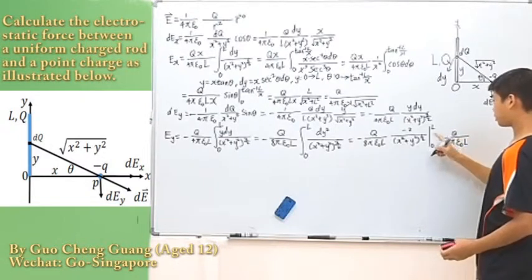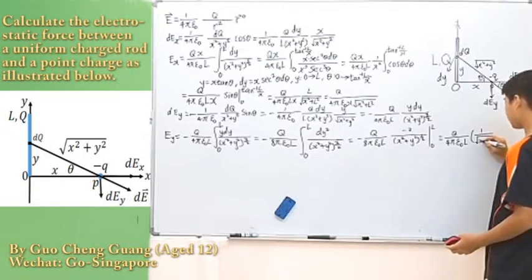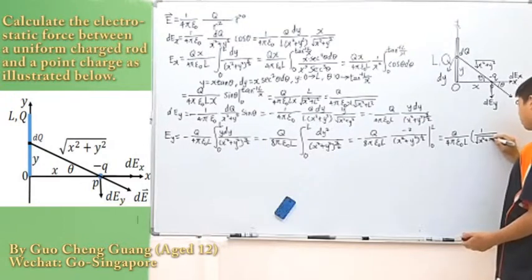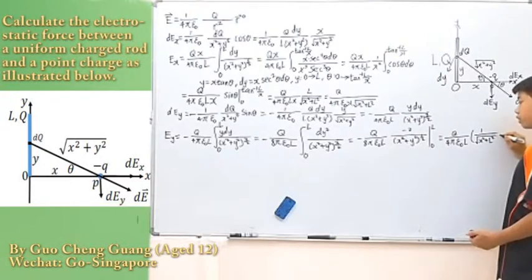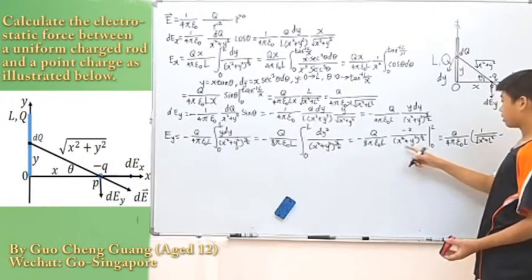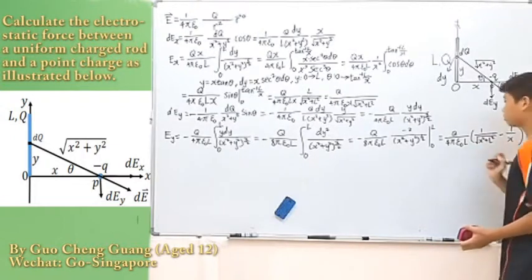So from here, firstly, you sub in an L. That means it is the square root of x squared plus L squared. Then you subtract, so you sub the 0 inside. Then you have x, it's 1 over x for this part.